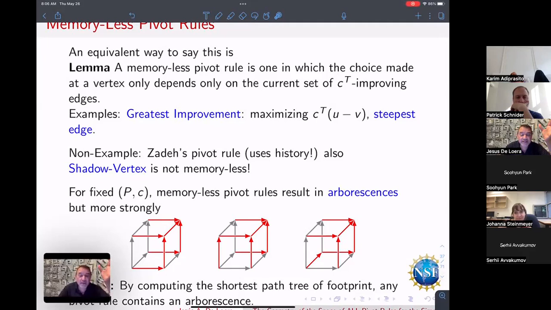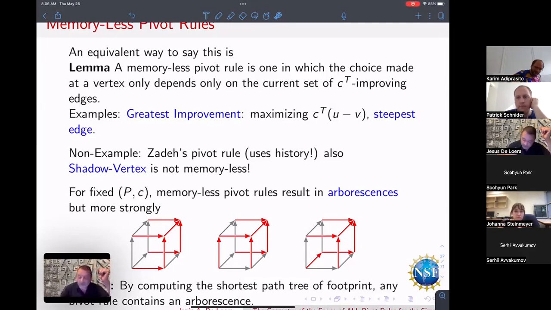That gives me an arborescence, and I can interpret it as a new pivot rule, because every arborescence tells me how to go to the next vertex. So from the footprint of any pivot rule, I can get a memoryless pivot rule, which is going to have diameter less than or equal to the original diameter, because I use the shortest paths. Are you with me?